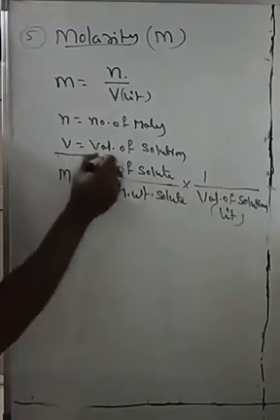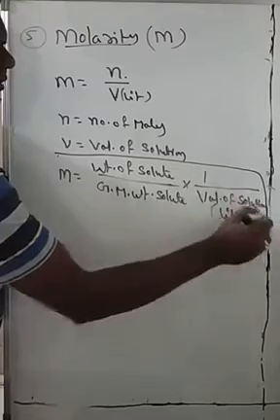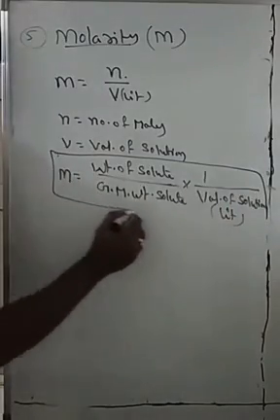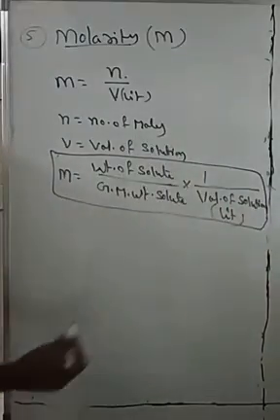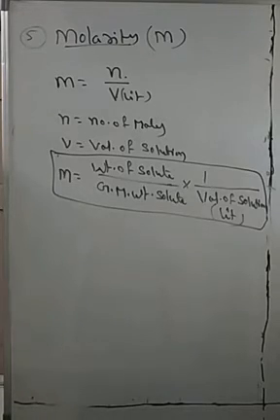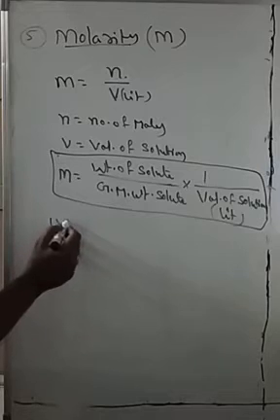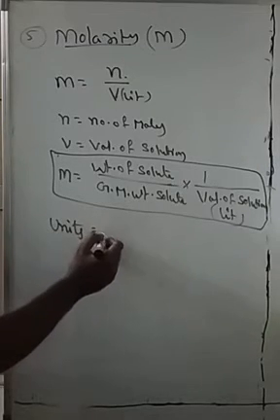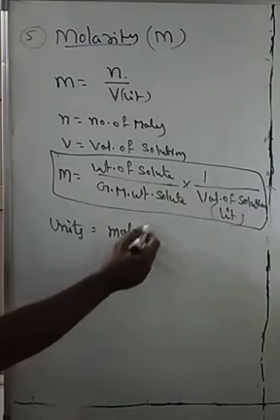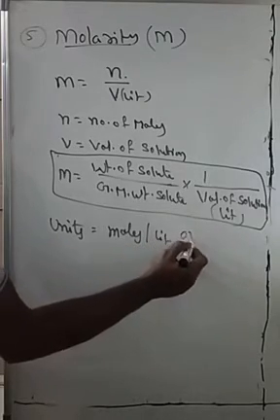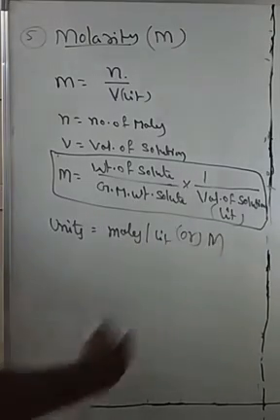So this is the mathematical representation of the formula for molarity according to the definition. Here the units of molarity: moles per liter, or it is denoted by symbol capital M.